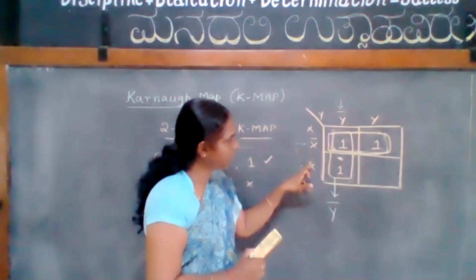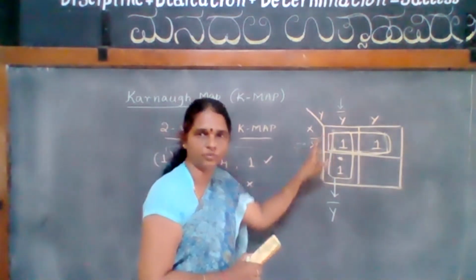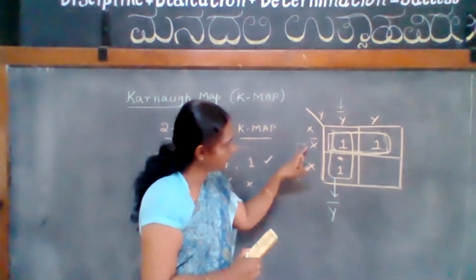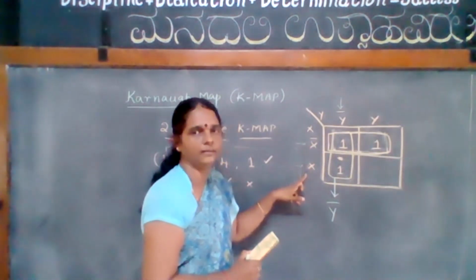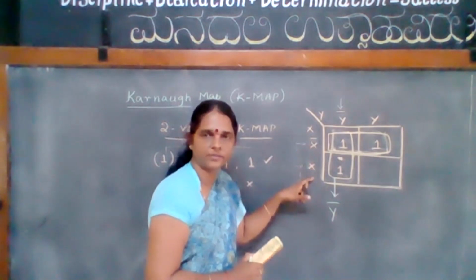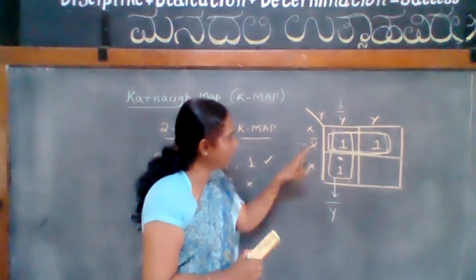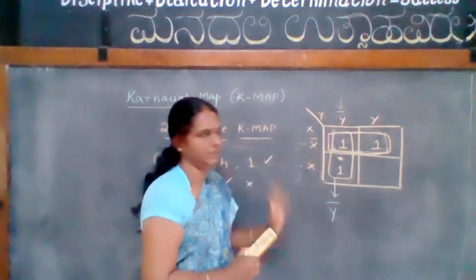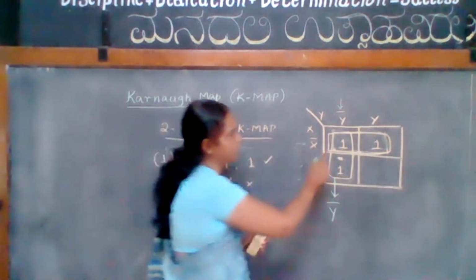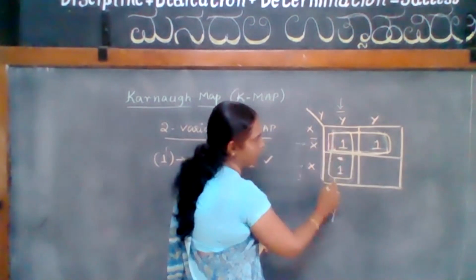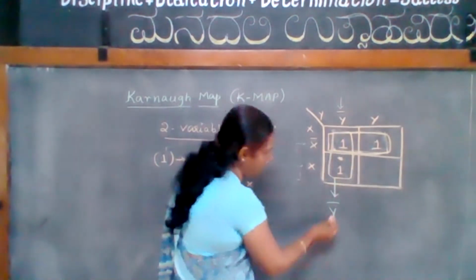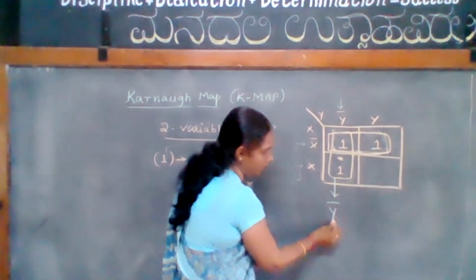If the variables in the group which we have made are in complement to each other, then cancel that variable. That means for this vertical group, the remaining variable is only y complement.